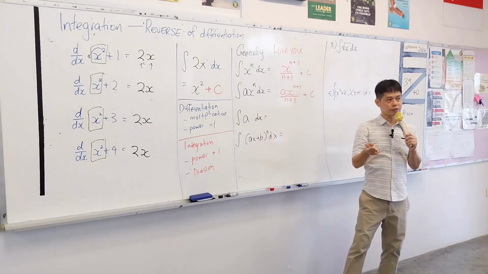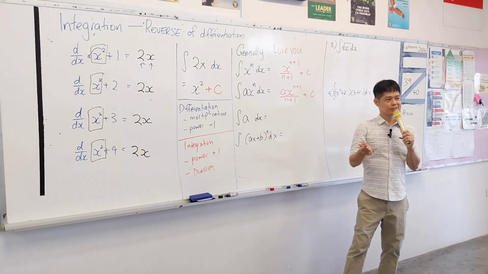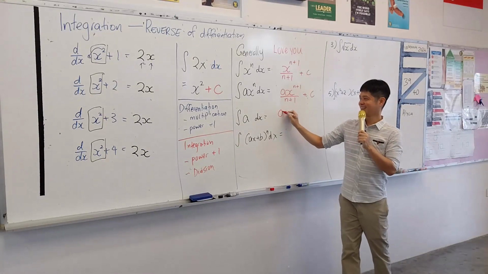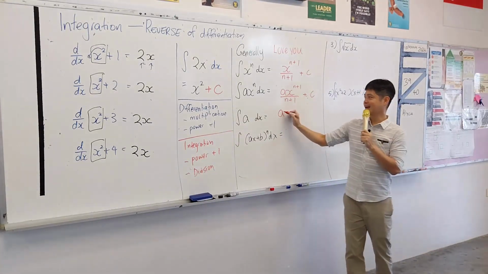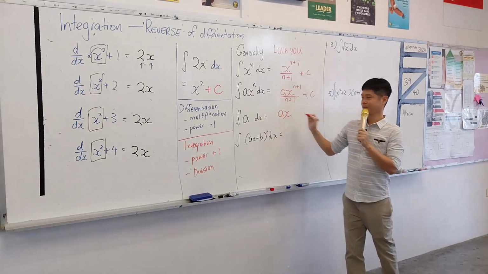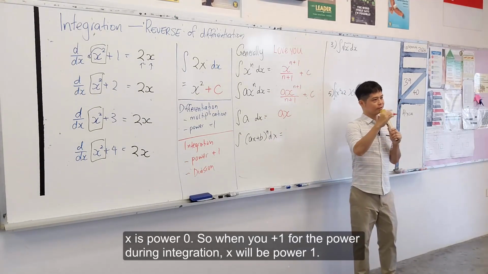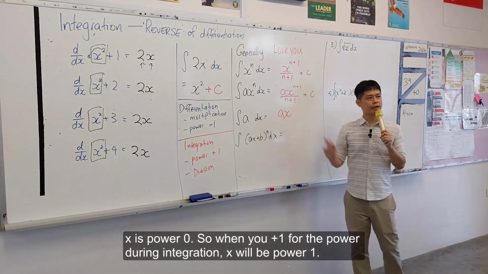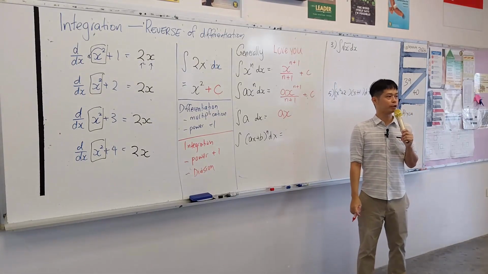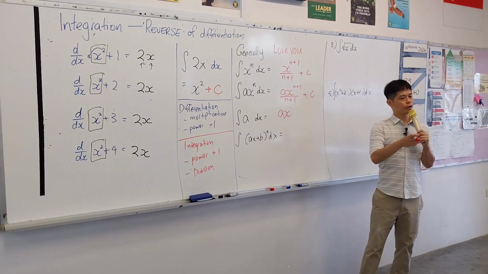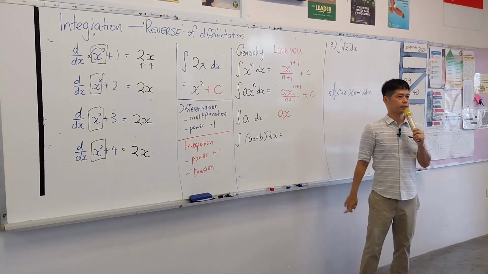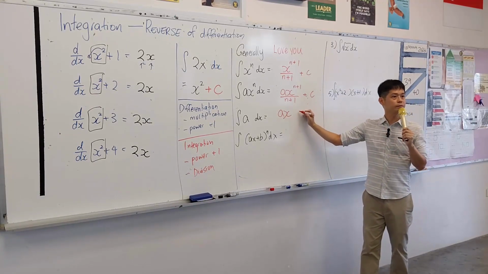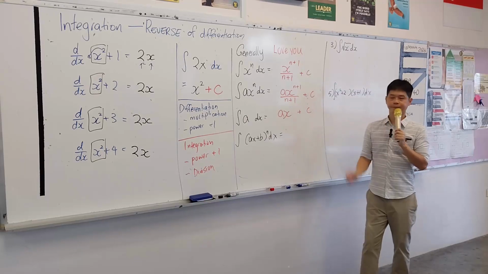If I integrate a constant, I get ax, divided by 1. So when you integrate a constant, you just add the x behind. Every time I integrate a constant, I just add the x behind. What is missing? Please say this out all the time.